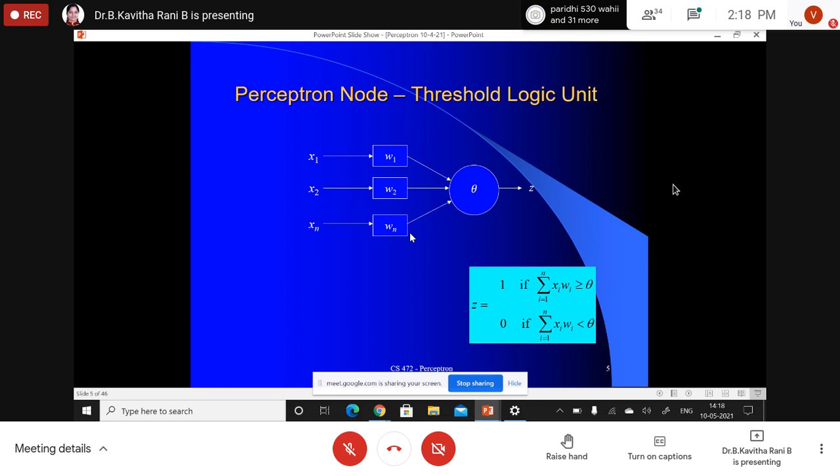If a particular attribute has the highest preference, we give a higher weight to that attribute. So whenever input values with different attributes are given, some attributes will have the highest preference, and for those input values the weights will be given the highest value.